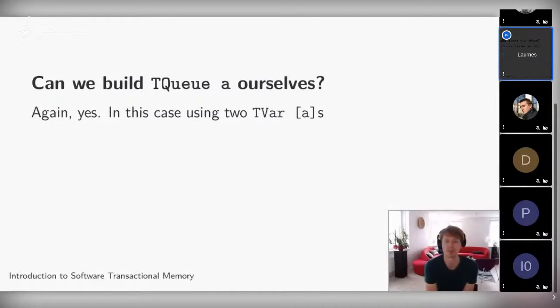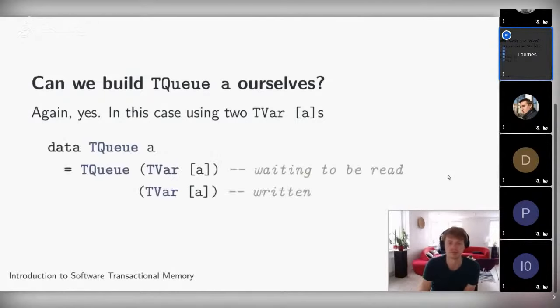Yes. We can use two transactional variables of lists. So it would look something like this. This time we're using data instead of newtype, because this isn't a newtype wrapper, it's an actual data thing.